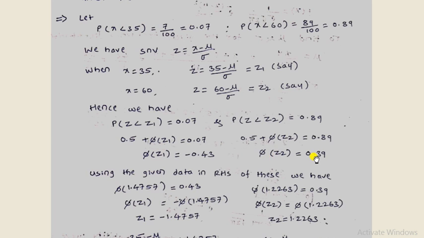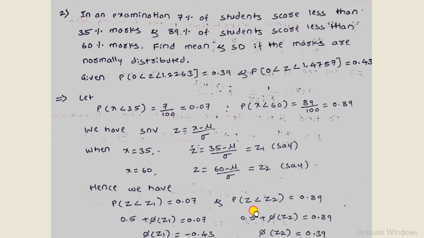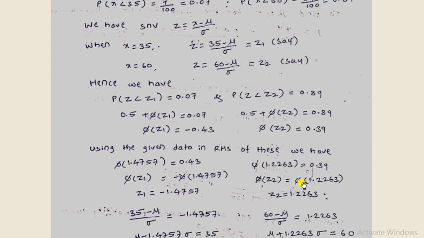Second one is phi of Z2 equal to 0.39, and by the data, the 0.39 value corresponds to 1.2263, so our Z2 value becomes 1.2263.